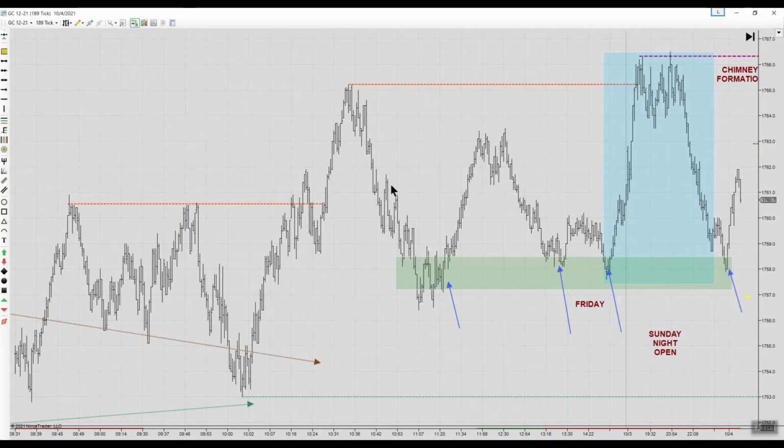For that matter, ever since this high was created, all the buying in this vicinity, 1757 to 1758, is yet failing to exceed the previous high in a meaningful fashion. There was definitely no separation or consecutive closes here that suggests that the buyers are going to take us above 1766, 67 into the 1770s.